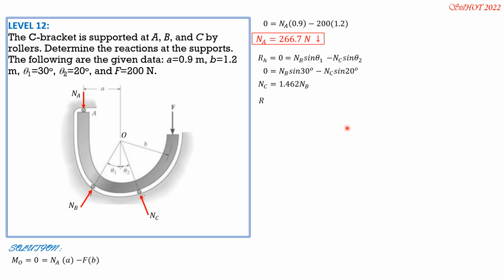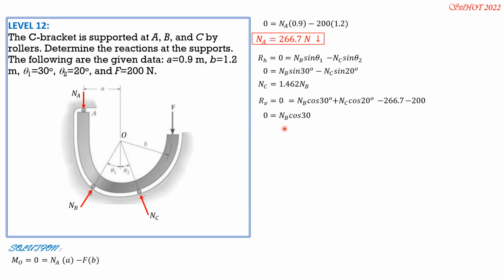And finally, R vertical equals 0. The vertical component of NB is upward, so it is NB cosine of theta 1, which is 30 degrees, plus NC cosine of theta 2, NC cosine of 20 degrees, minus NA 266.7, minus F 200, replacing NC by 1.462 NB.